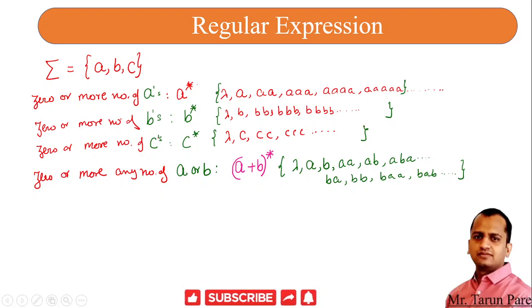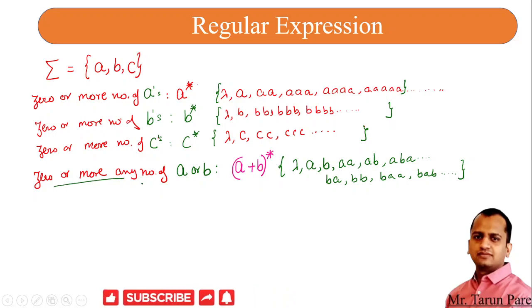So this is the expression for zero or more n number of a or b.